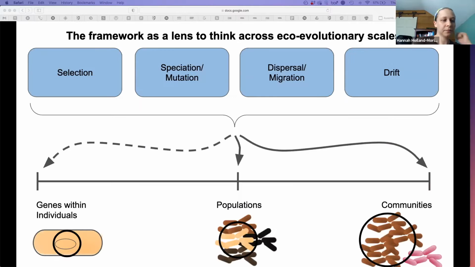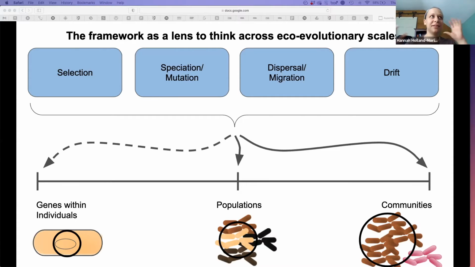Next slide, please. And one of the beauties of this framework, as opposed to some of the other frameworks out there for thinking about community assembly, is that it has this ability to be nested because it links very well with this population biology viewpoint, where instead of speciation we have mutation, and instead of dispersal we have migration, but a lot of the same processes happening on different scales.